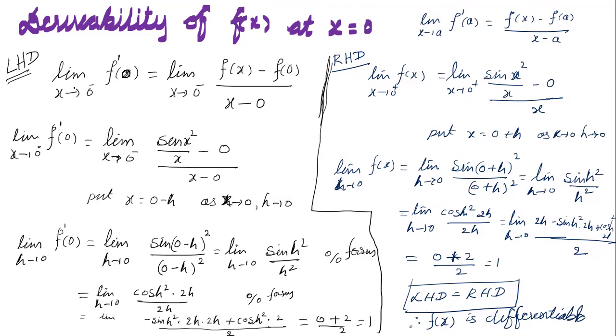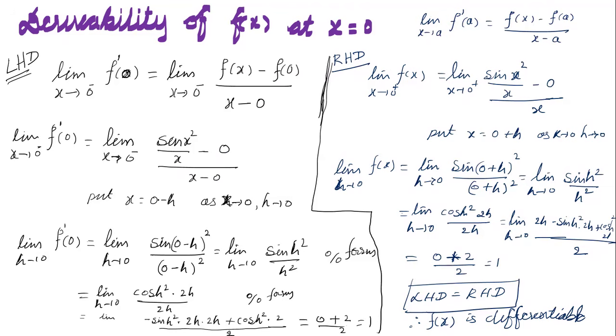See here, LHD: limit x tends to 0 minus, f dash of 0 is equal to limit x tends to 0 minus, f of x minus f of 0 divided by x minus 0. F of x here is sin x square divided by x. F of 0 is 0, the functional value, divided by x minus 0.